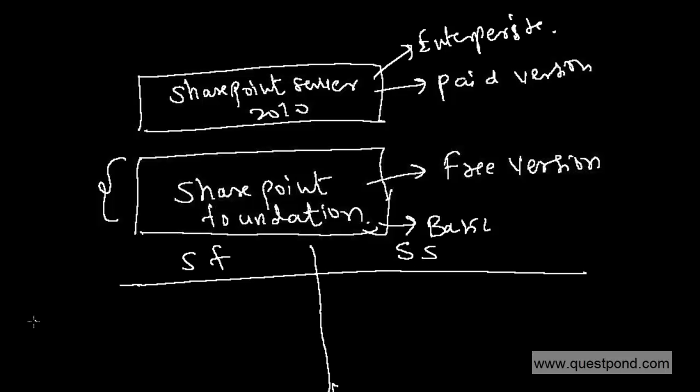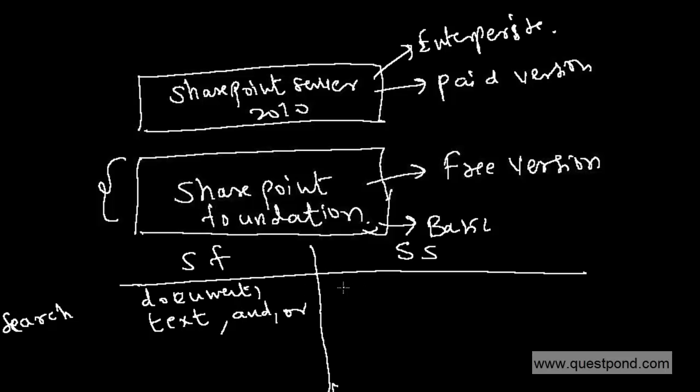Okay. For example, let's say search. In SharePoint Foundation, you can do a basic search. For example, you can search within a document. You can search by using text, by putting some AND conditions or OR conditions.